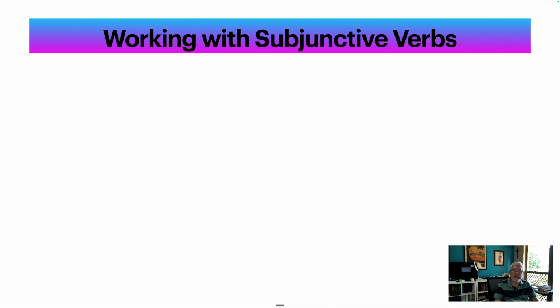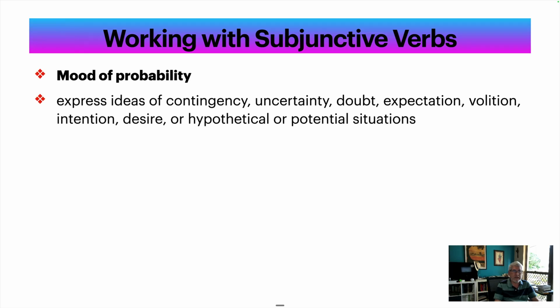Okay, a little bit of thinking about subjunctive verbs. Subjunctive has been defined by one of the grammars as the mood of probability. I think that was Croy's Greek grammar that used that phrase. It's where we express ideas of contingency, uncertainty, doubt, expectation, volition, intention, desire, hypothetical or potential situations.